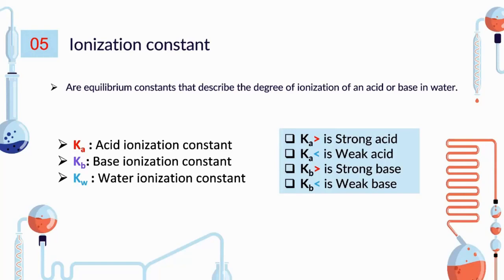The higher the acid ionization constant Ka value, the stronger the acid, while a lower Ka value indicates a weak acid. Similarly, a higher base ionization constant indicates a strong base, while a lower base ionization constant indicates a weak base.